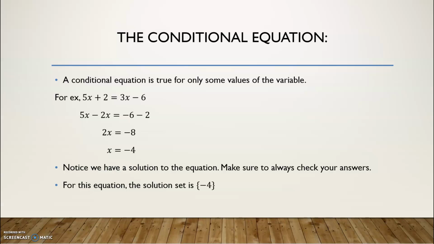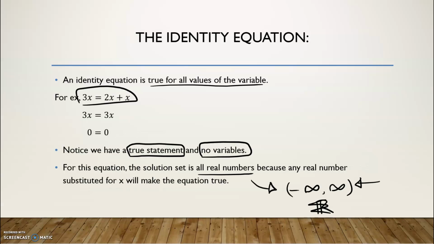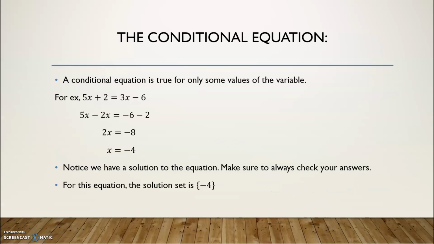For the conditional equation, the conditional equation is true for only some values of the variable. So where the identity is true for every value, this one is only true for some values. If we look at this equation, this should be a 3 right here.